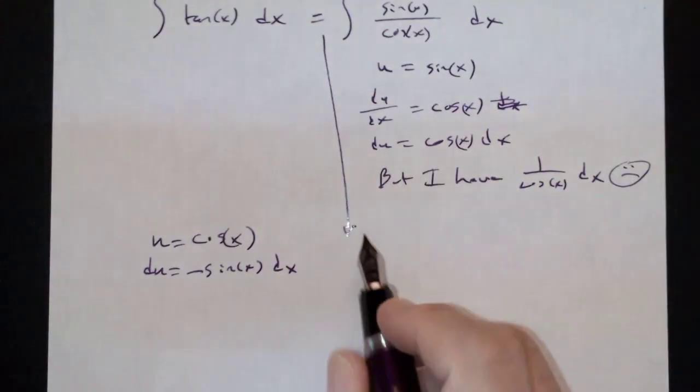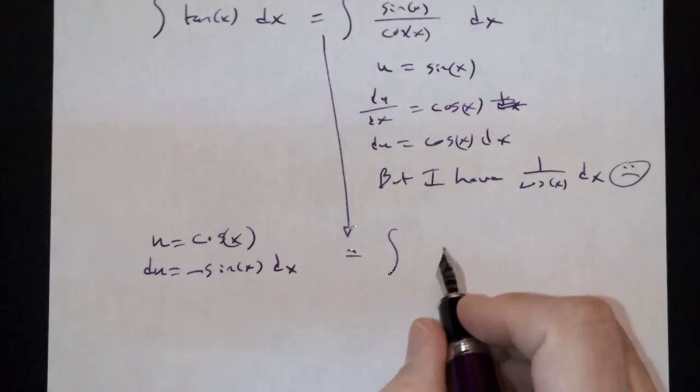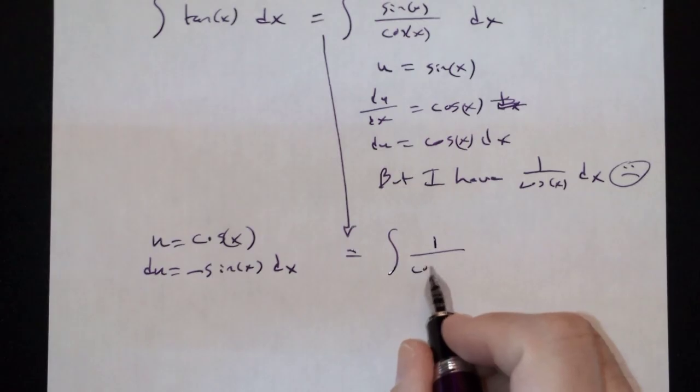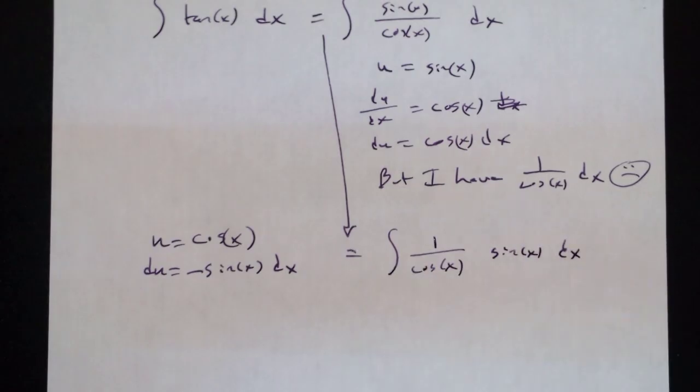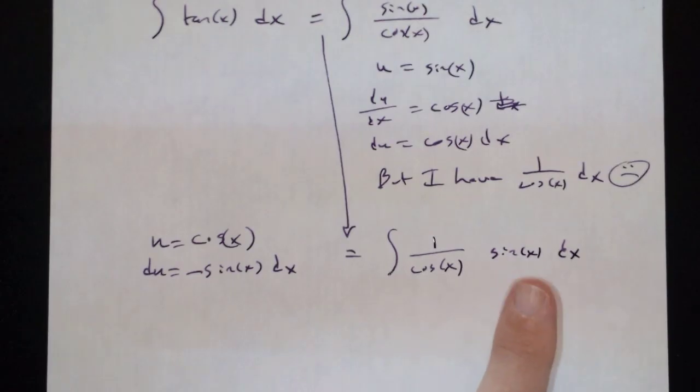But what's missing? The negative. So either I move the negative over, or I put a negative inside and a negative outside.